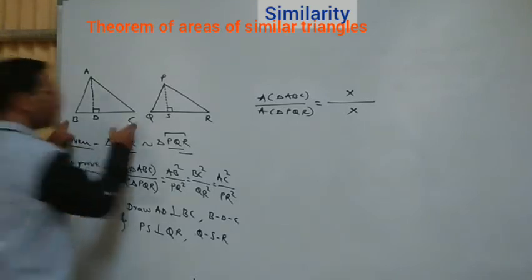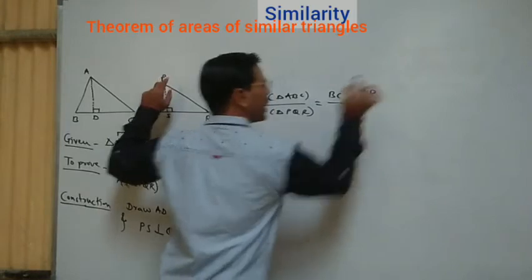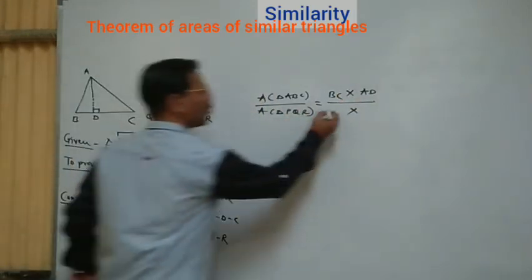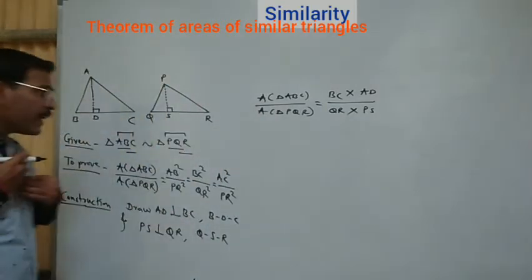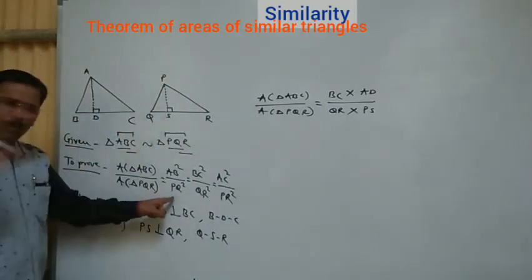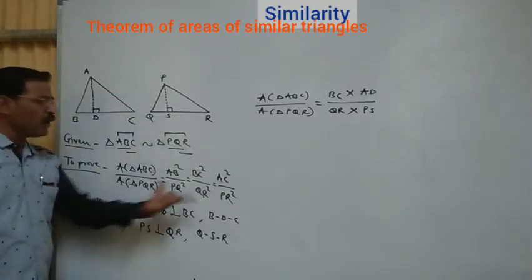Means here BC and height AD, and this side QR and height PS. Just try to understand. We cannot prove all the three. We can prove any one, and similarly we can prove the remaining two.